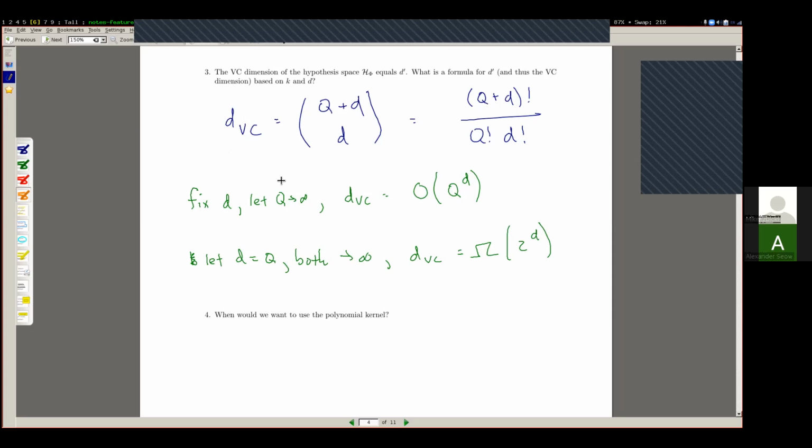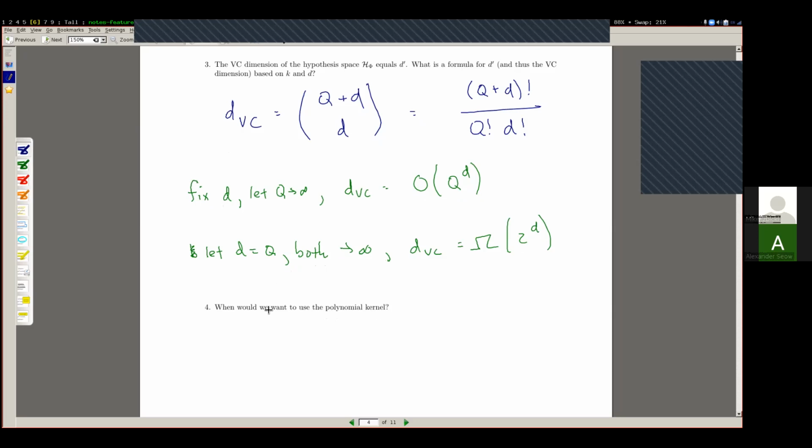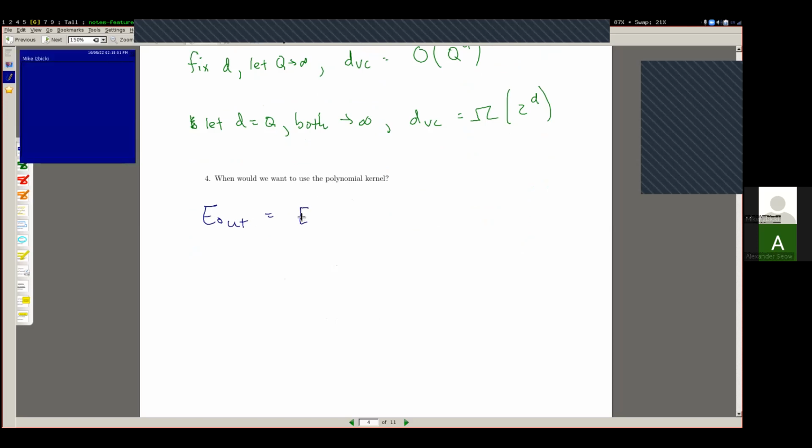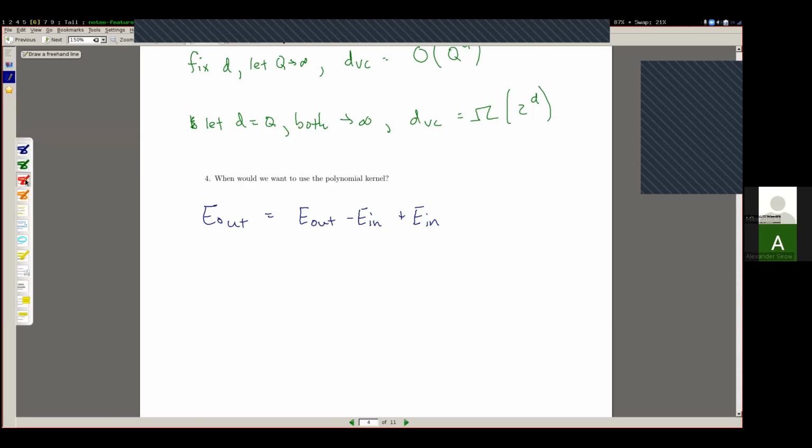Why does training error matter then? Great question. Ultimately, this leads us down here. E out is the thing that we care about. So E out is equal to E out minus E in plus E in, just by adding and subtracting E in.